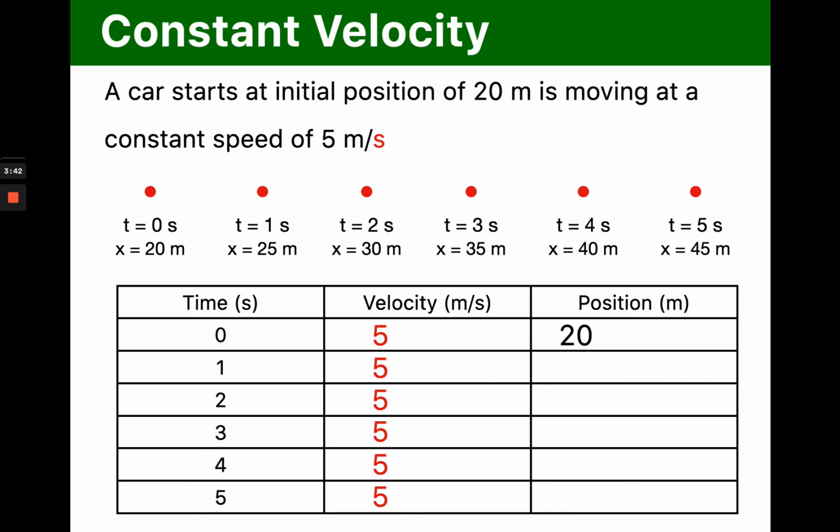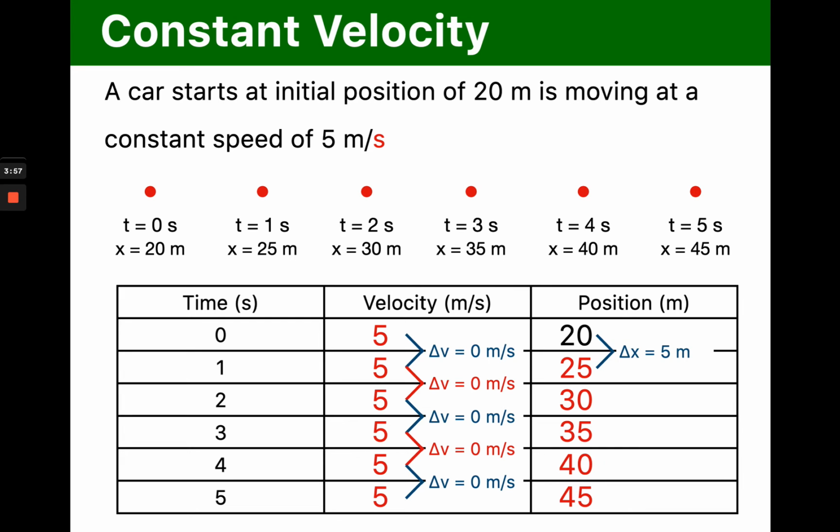And since the velocity is always 5, the change in velocity is always 0 between any of these points. And since the velocity is 5 meters per second, every second it's gaining 5 meters. So 20, 25, 30, etc. It's gaining the same amount of position from 1 second to the next. There is no acceleration here. It's not speeding up, it's not slowing down. It's just moving at a constant rate.